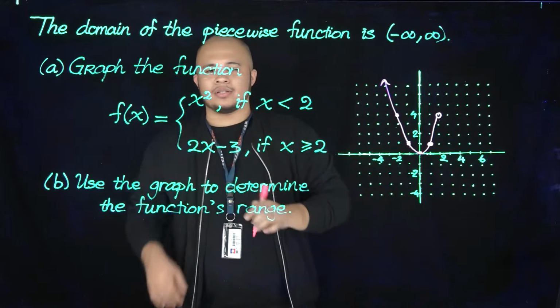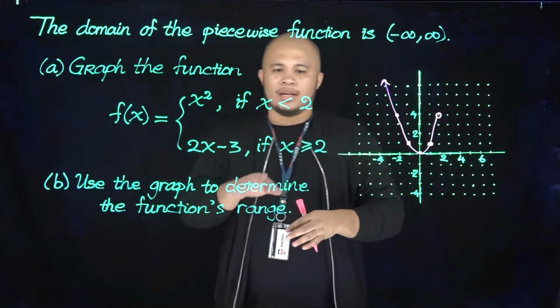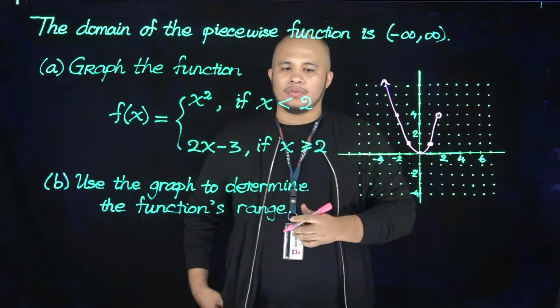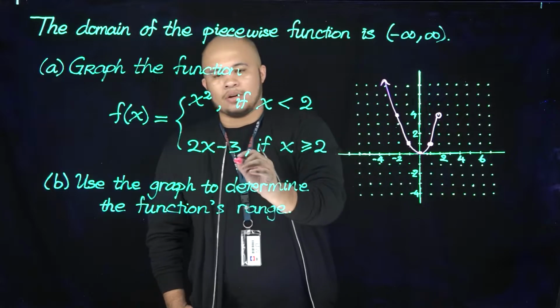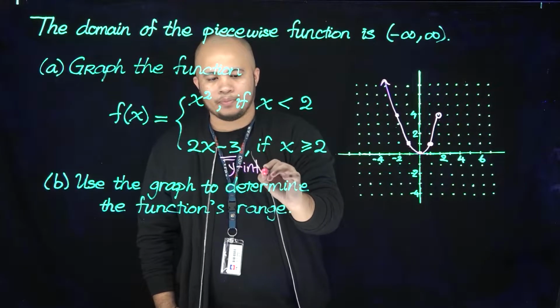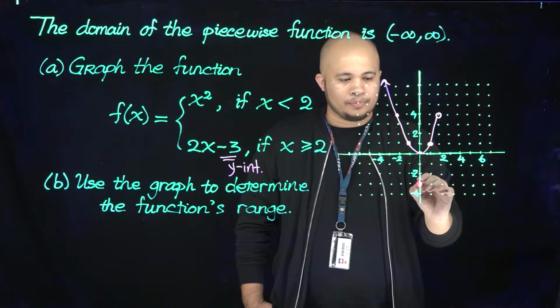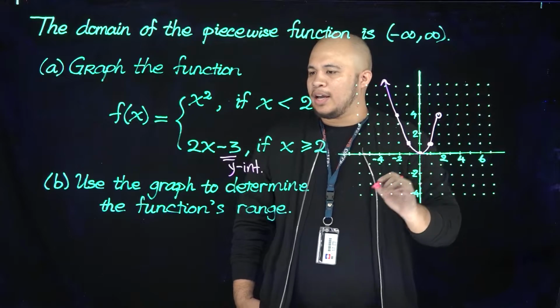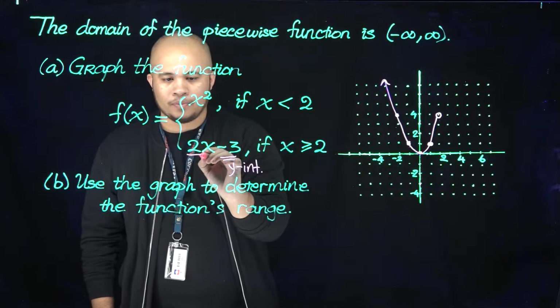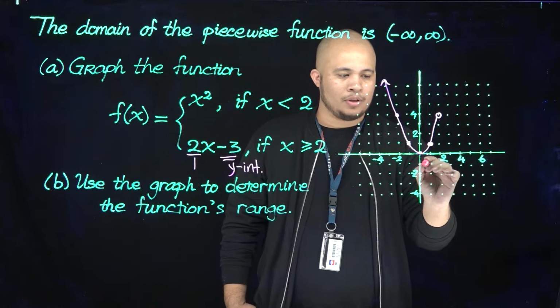Now for the linear function 2x minus 3, likewise, it says we will draw this line if x is greater than or equal to 2. So notice negative 3 is our y-intercept. Just to visualize where we are, we can apply a rise over run here. For the rise over run, we'll go up 2 over 1.